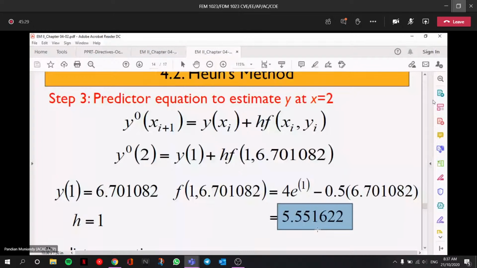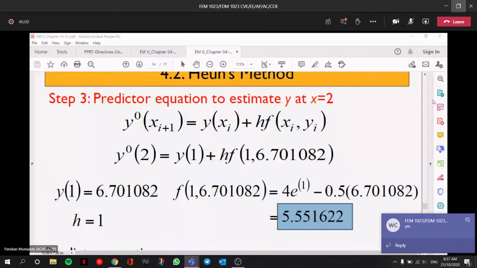A numerical experiment. Can you get this, class? I'm waiting. Can you get? Please answer. Can you verify? Did you get that?